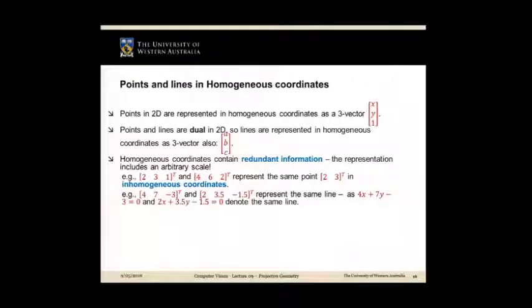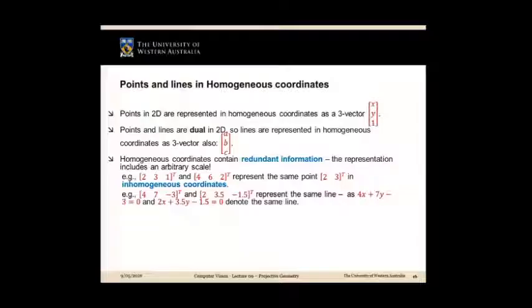And homogeneous coordinates contain redundant information. The representation includes an arbitrary scale. So the points (2, 3, 1) and (4, 6, 2) represent the same point (2, 3) in homogeneous coordinates. Why is that?